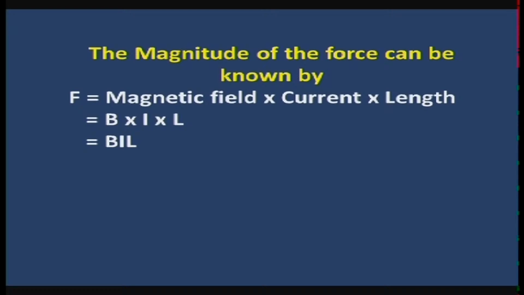So, F is equal to BIL. In case the wire is at an angle with the magnetic field, then the quantity is multiplied by sin theta, where theta is the angle between the magnetic field and the wire.